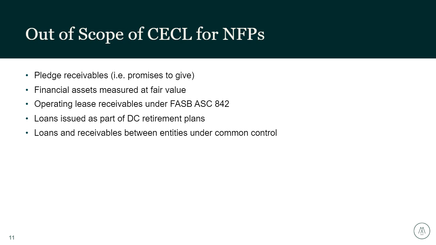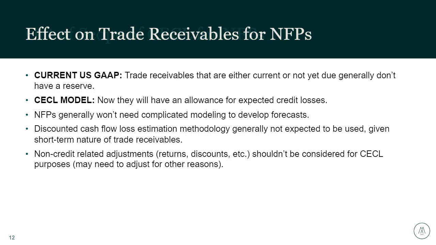And we wanted to specifically go over some of the significant assets for nonprofit organizations, which in this case will be trade receivables. And under the current GAAP, these receivables typically don't have a reserve. It is common to see that these are considered fully collectible based on historical information. However, under the new standard, an allowance for credit losses is expected.